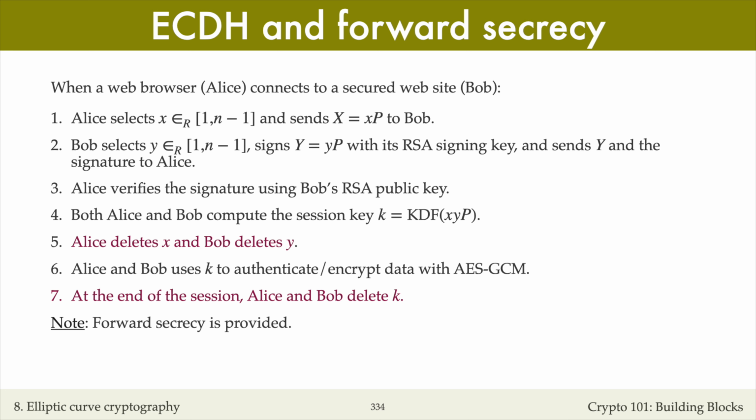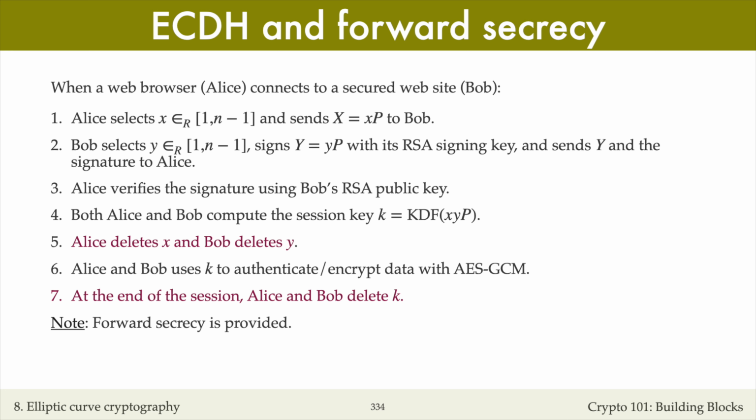If an eavesdropper, such as law enforcement, has captured the ciphertext and wishes to decrypt it, law enforcement needs the session key k. However, both Alice and Bob have deleted the session key k and all the secret keying material needed to compute it. In other words, x and y.